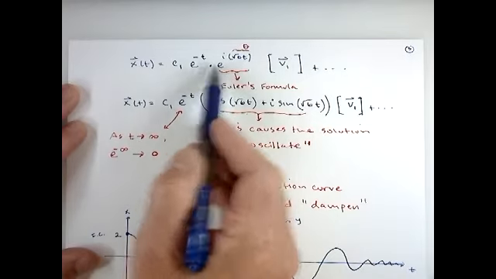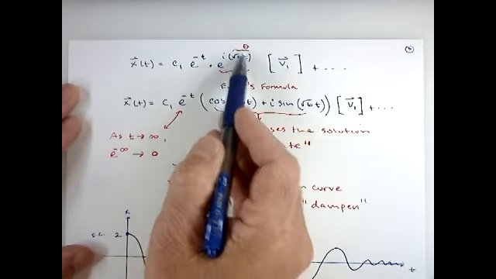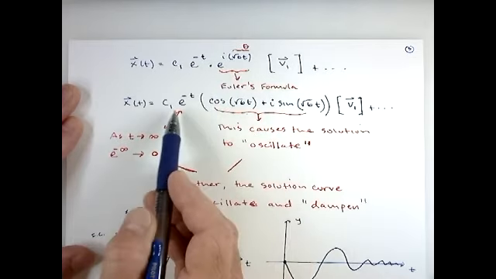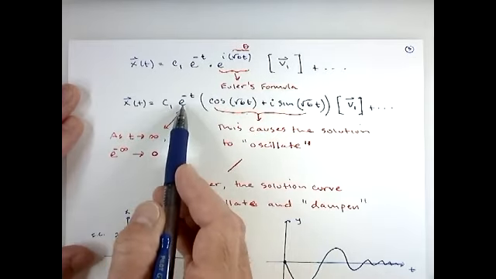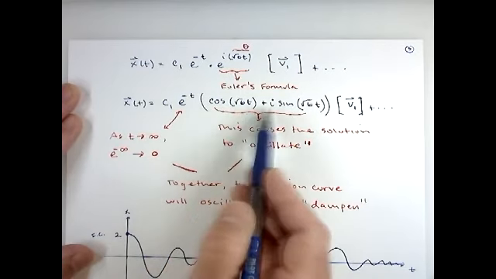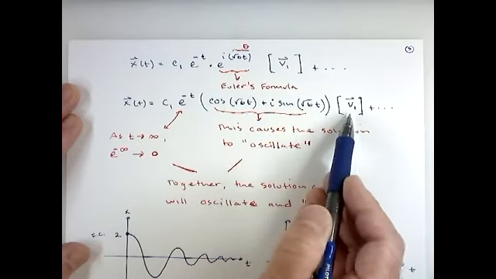And the purpose of that is now we can think of this term as e to the i, if I think of that as like theta, I can use Euler's formula for this part of the solution. So it would become c1 e to the negative t, and then if I plug that in for theta, cosine theta plus i sine theta, times some eigenvector.